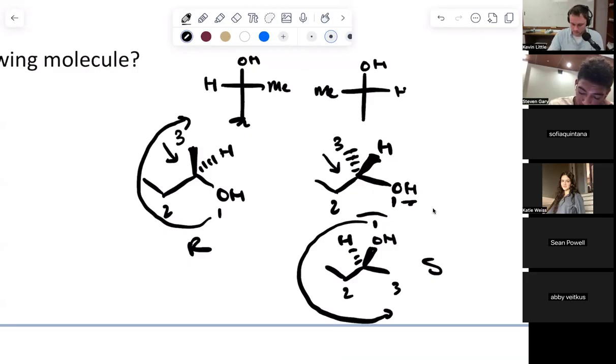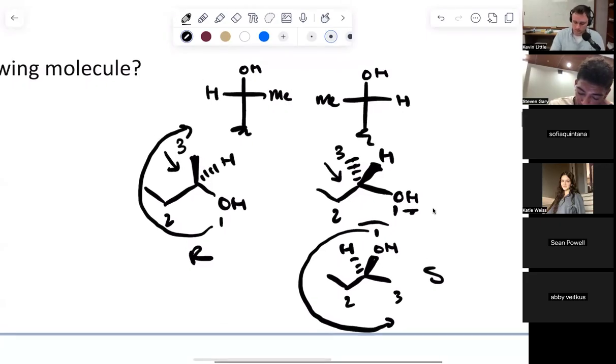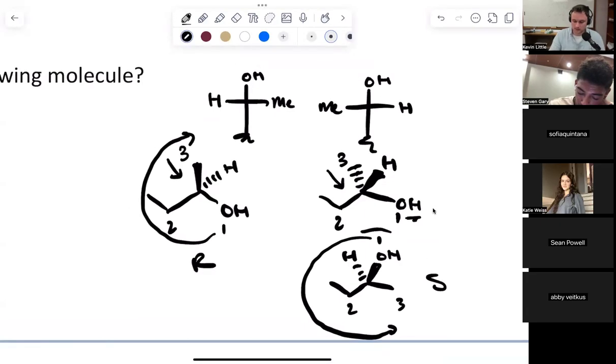Yes. If you put the methyl on the wrong side when you're doing your Fischer projection, it's literally a different molecule. It's the R versus the S.